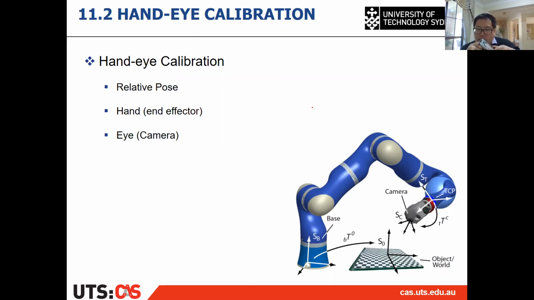Which means we need to know the relative pose between the camera and the end effector. And then, after we calculate the velocity of the camera, from the relative pose between the camera and end effector, you can calculate the velocity of the end effector you want to control. So that is why we need the hand-eye calibration.